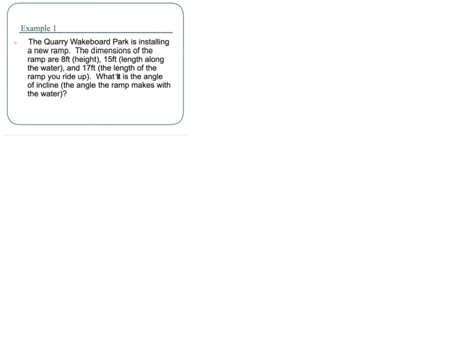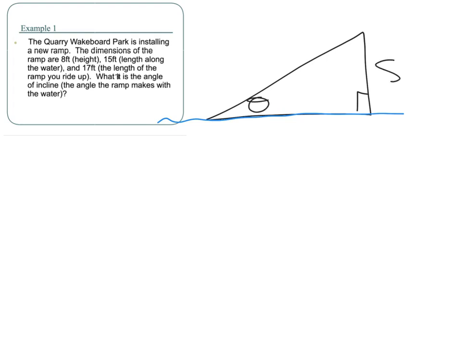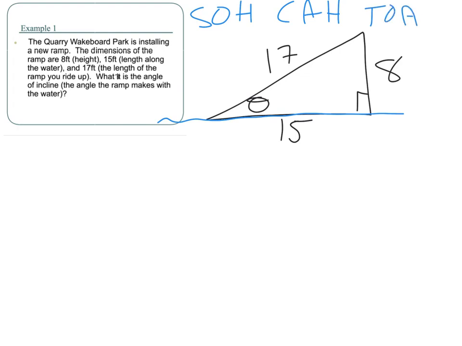Okay, let's draw ourselves a little picture. So this would be my water here that the ramp is on. Alright, so this is my angle we're talking about. So 8 is my height, 15 is along the water, and 17 is the ramp that we're riding up. Alright, so from yesterday we know our SOHCAHTOA, right? If we're looking at our trig ratios with respect to the angle theta right here, sine of theta is equal to 8 over 17.